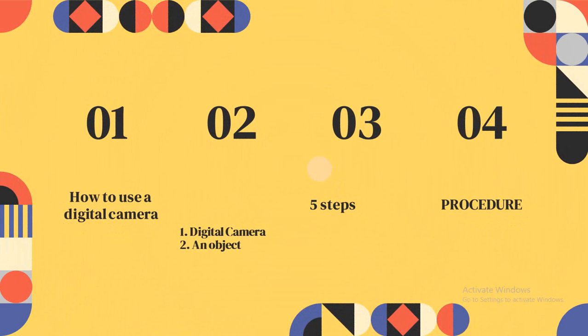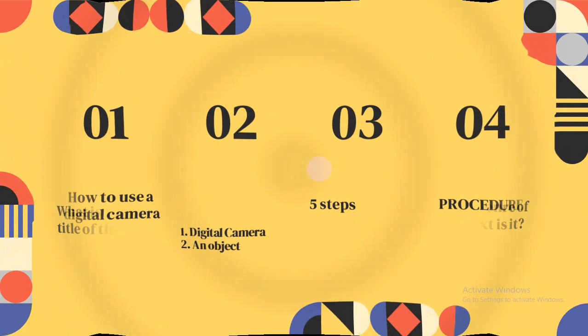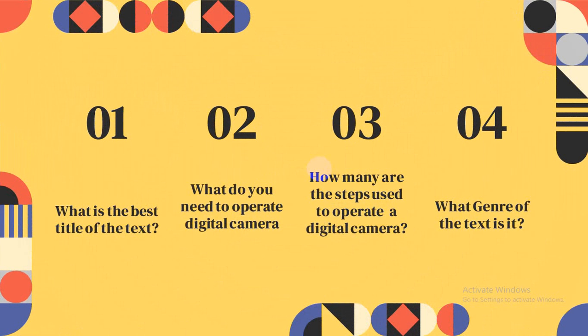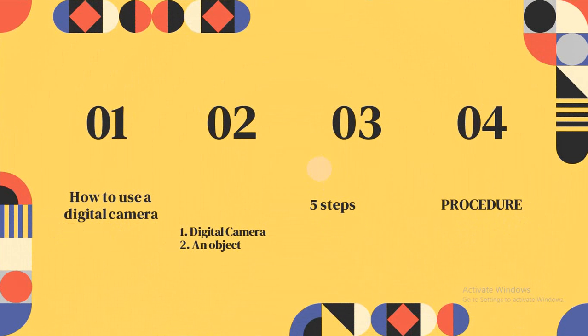You need a digital camera and an object. Number 3, how many steps are used to operate a digital camera? There are 5 steps. And the last one, what genre of the text is it? Yeah, that's true. It's procedure.